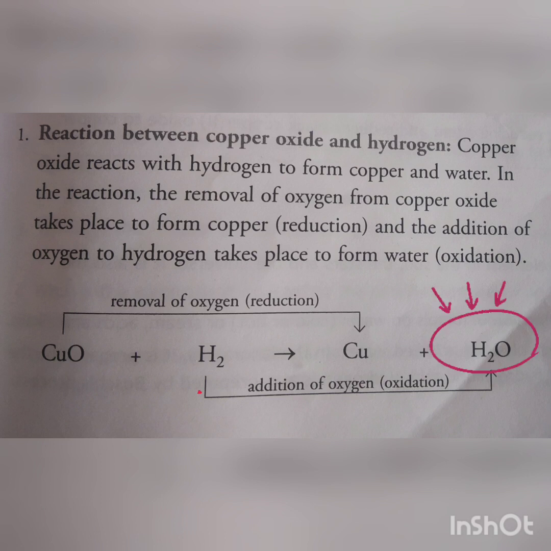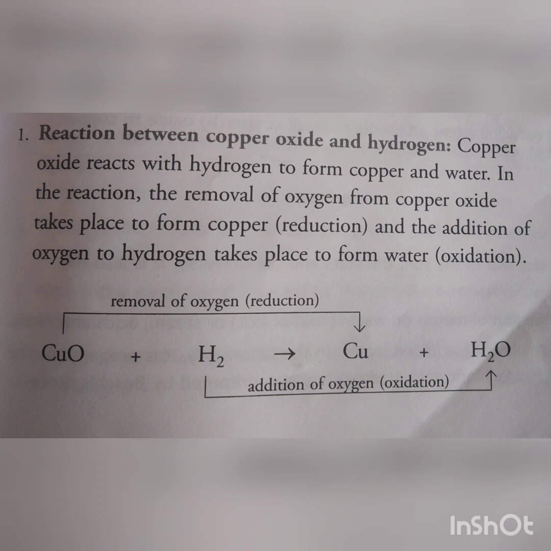Whereas hydrogen H2 forms H2O. Oxygen has been added to hydrogen. So here oxidation takes place. So in copper oxide there is removal of oxygen resulting in reduction, and in hydrogen there is addition of oxygen resulting in oxidation. So both reduction and oxidation are taking place simultaneously, so it is an example of a redox reaction.